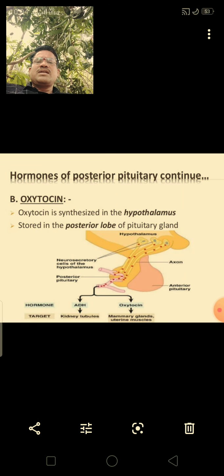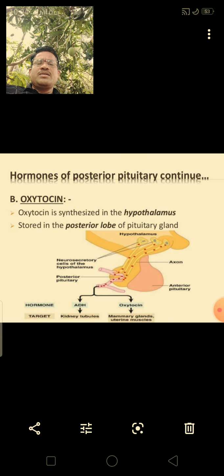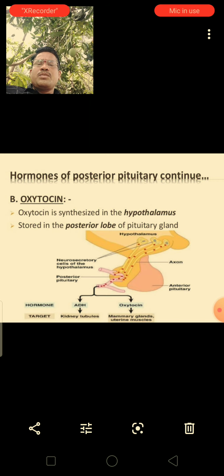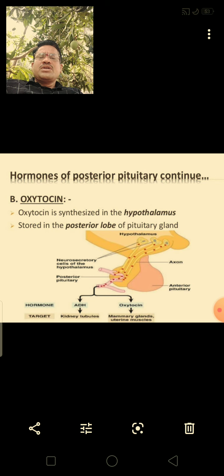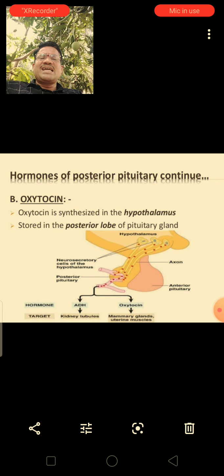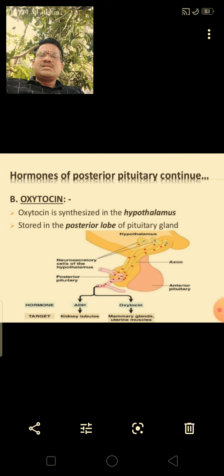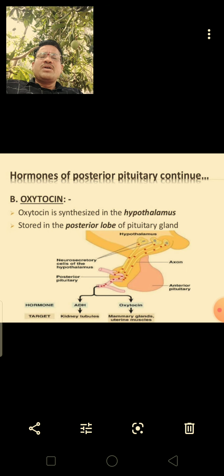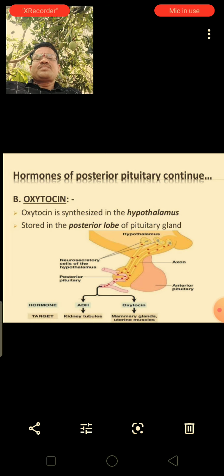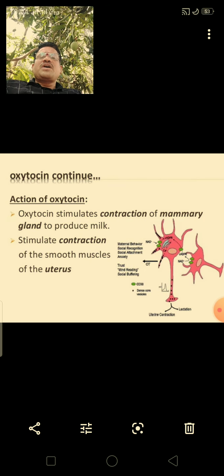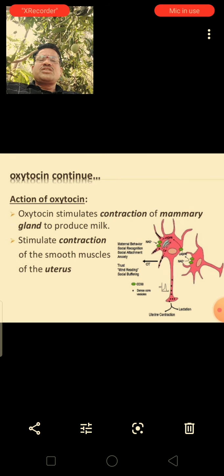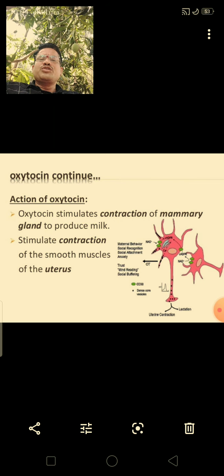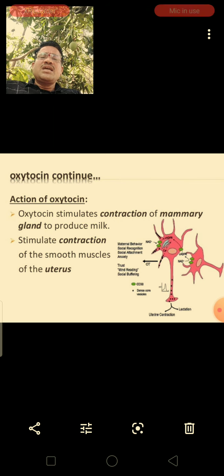Next one, from the posterior region of the pituitary gland, the second hormone is oxytocin. So oxytocin is synthesized in the hypothalamus and stored in the posterior lobe of the pituitary gland. Action of oxytocin: generally oxytocin stimulates contraction of the mammary gland to produce milk at the time of the birth of the child.